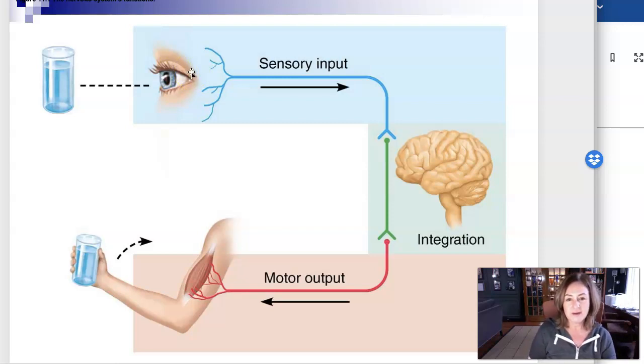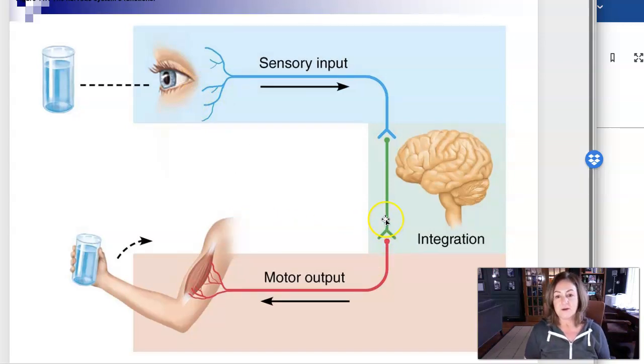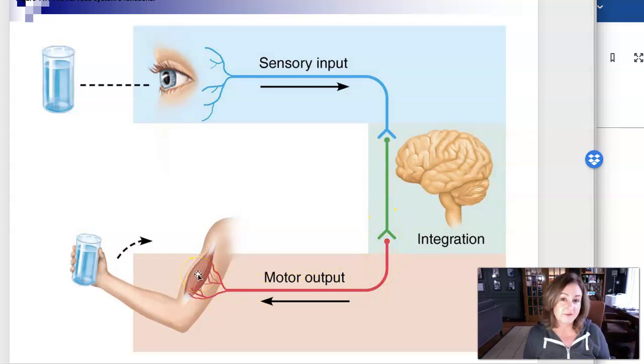So the autonomic division of the nervous system, it's part of the peripheral nervous system, although there are components in the central nervous system too. But basically, what we're focused on in this unit is motor control of effectors other than skeletal muscle.